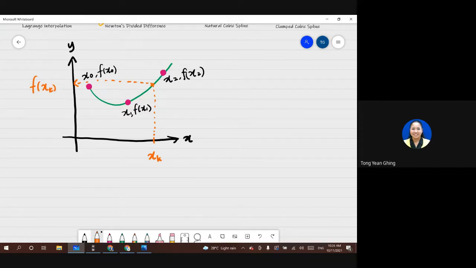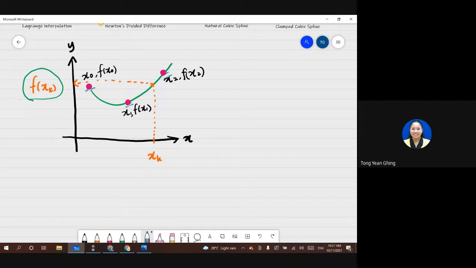So we can estimate the value f(xk) using interpolation. That means we want to make sure that the polynomial is passing through all the points here, this point, and this point, and then we find the value.